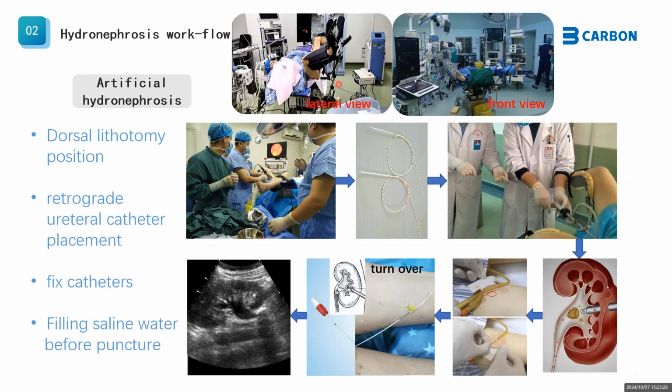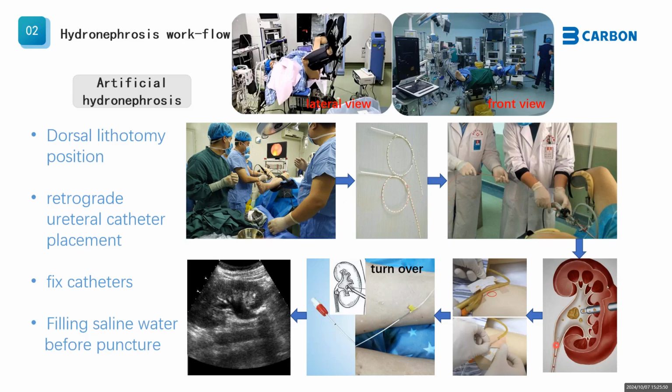Okay, first the patient takes the lithotomy position, and the doctors use the cystoscope or ureteroscope to find the ureteral orifice from the bladder. They find the ureter, and then insert the catheter into the ureter.